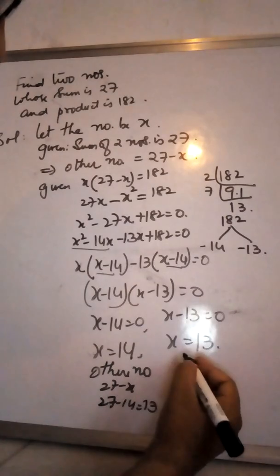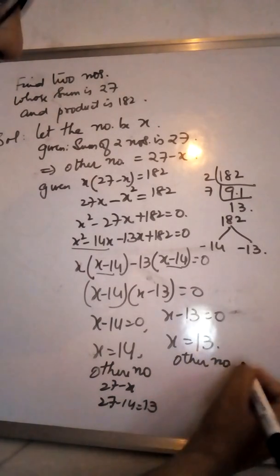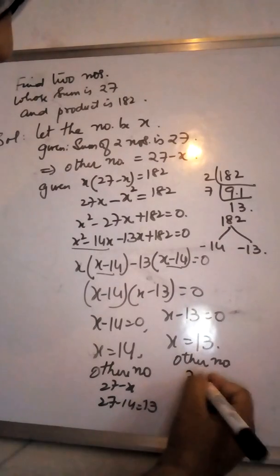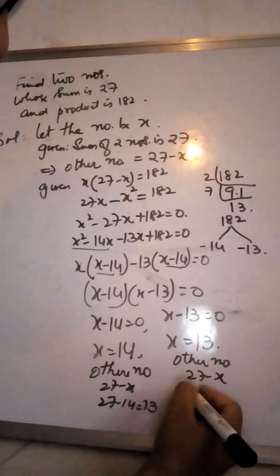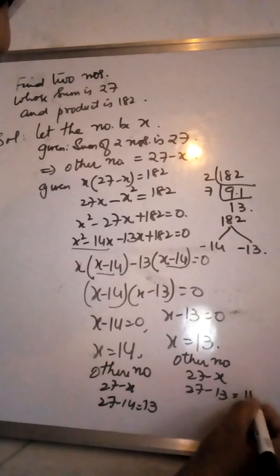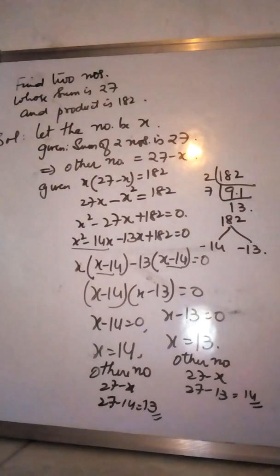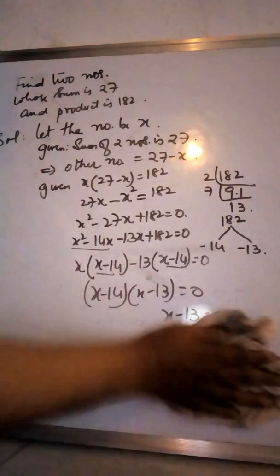If the first number is 13, the other number is 27 minus x, that is 27 minus 13, which is equal to 14. So these are the answers. Our first number will be 14 and second number 13, or first number 13 and second number 14. Now we will see the next problem.